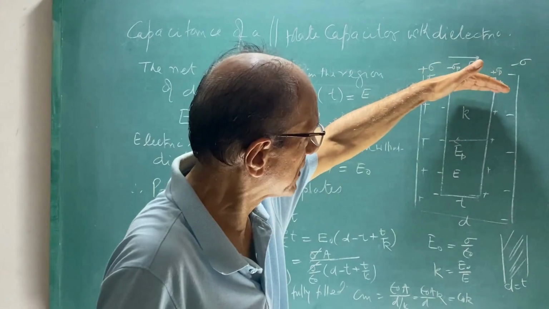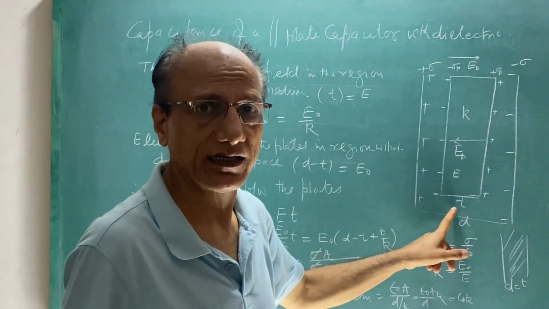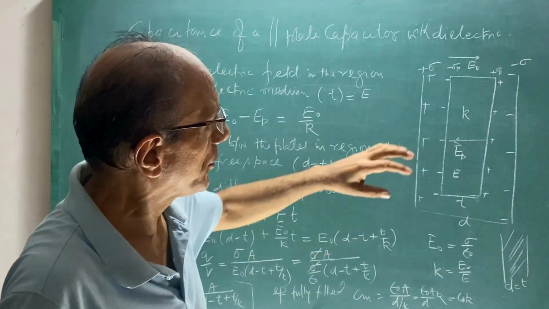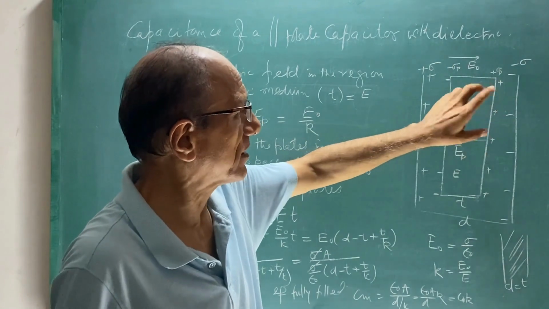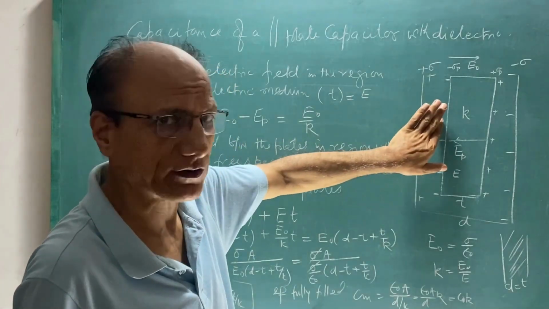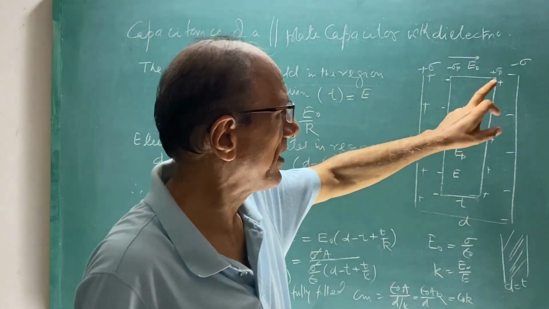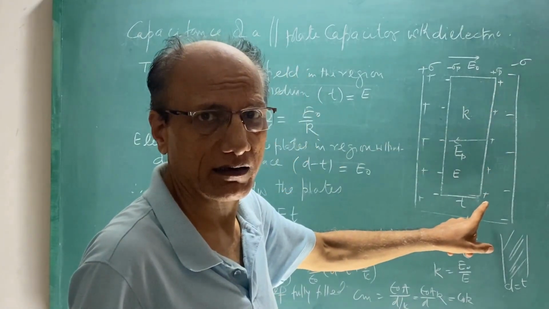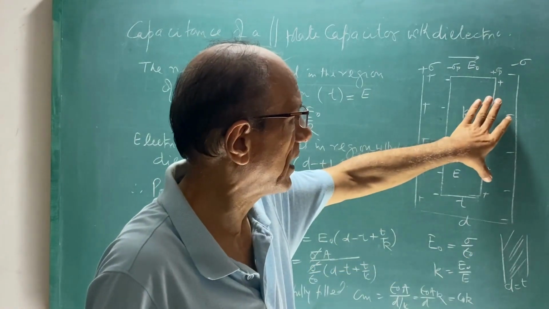Now if this slab of thickness T, dielectric is inserted between the plates, then due to polarization, the negative charge will be appearing on this face of the dielectric slab, and sigma P, that means positive charge, will be appearing on this other edge.